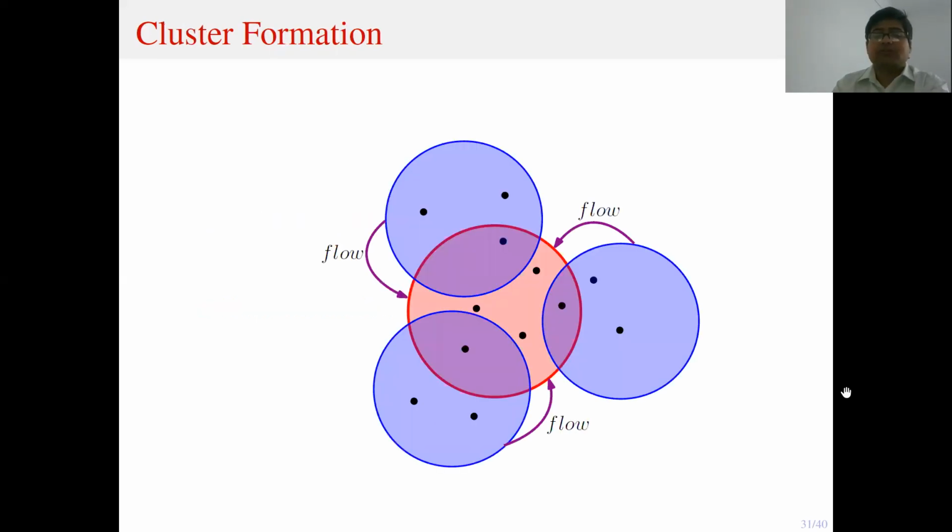So what we do is that in every iteration, we consider each heavy ball, and if that heavy ball has enough available capacity to absorb the flow of a light ball, then we reroute the flow of the light ball to this heavy ball. Now this heavy ball is responsible for all the points which were being served by this light ball.